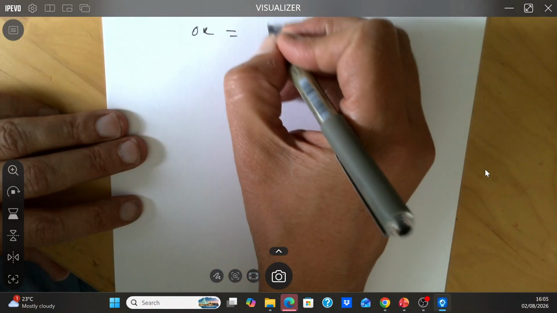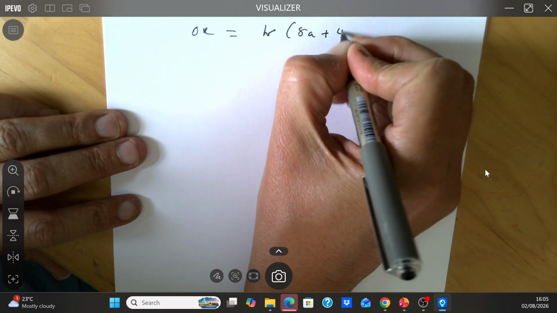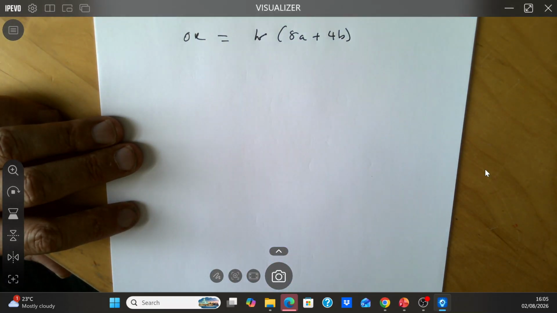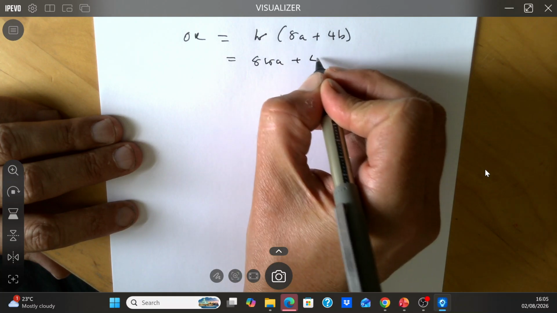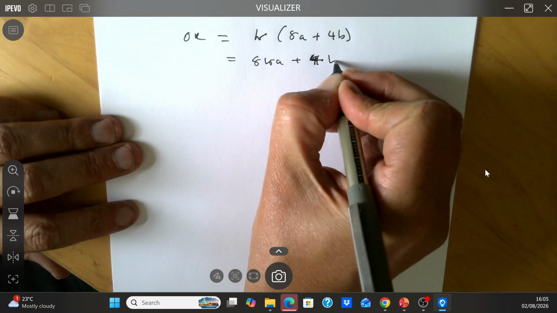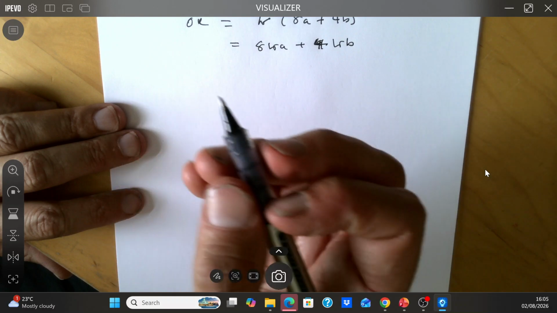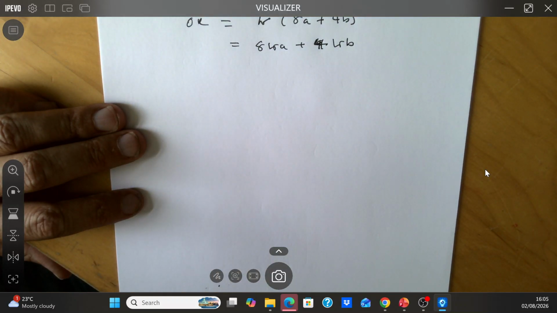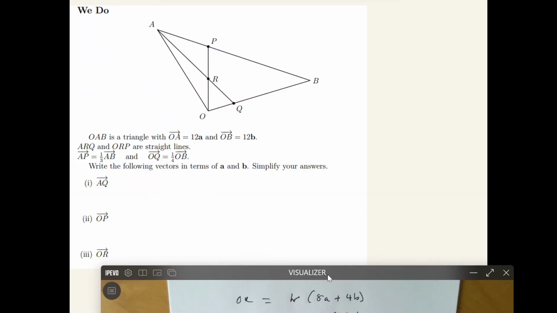OR is k lots of 8a plus 4b, because that's a multiple, which gives me 8ka plus 4kb. As R lies on AQ, what can you write OR as equal to?